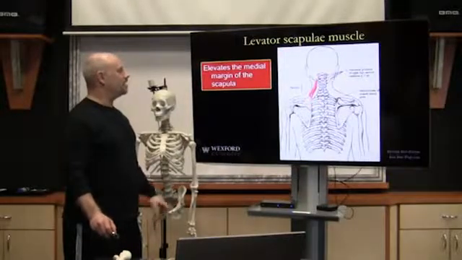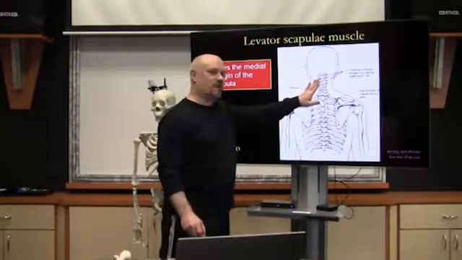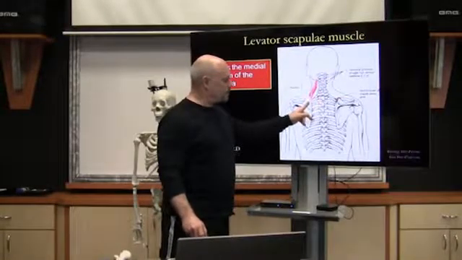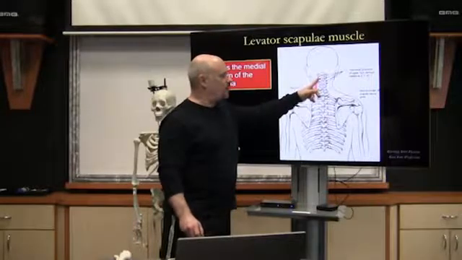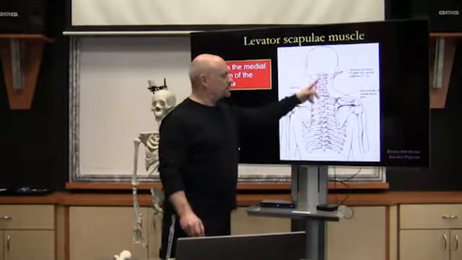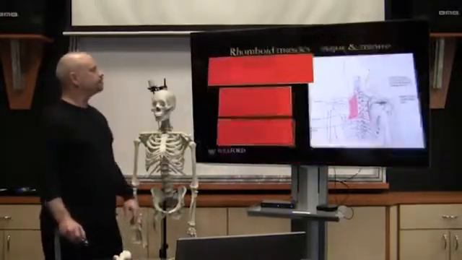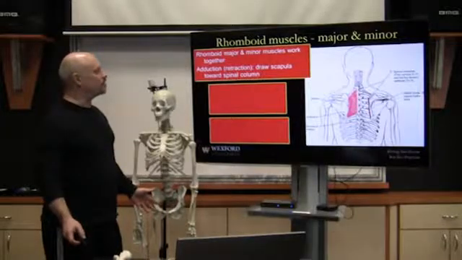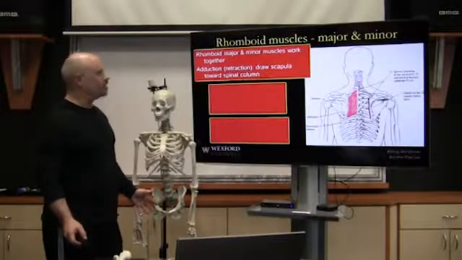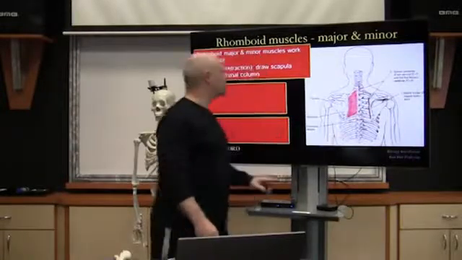Levator scapulae elevates the medial margin of the scapula, because if you look at it, it's deep to the trapezius muscle and attaches to the shoulder blade and to the upper part of the cervical spine, the vertebral column, and only causes elevation. Now the rhomboid major and minor work together.